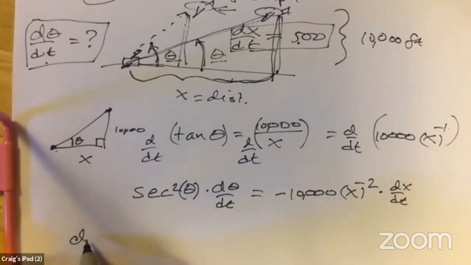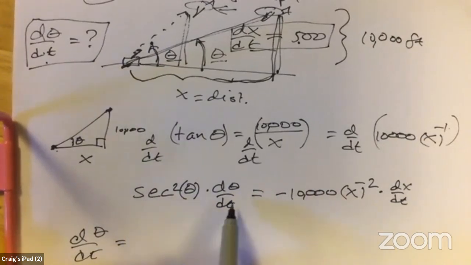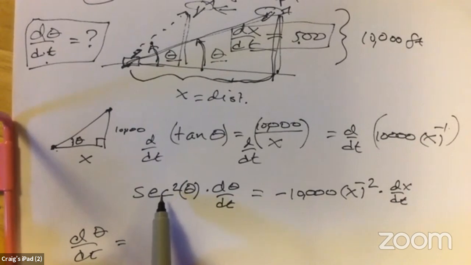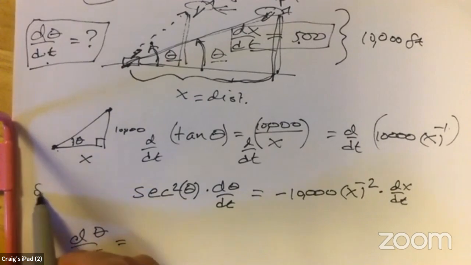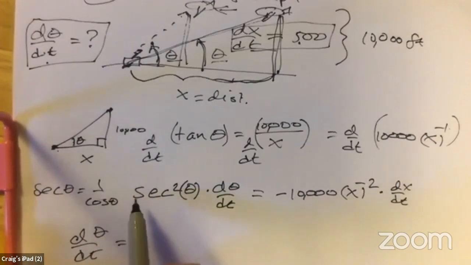I have d theta dt equals, and now I just solve for it. I divide by secant squared. Really, I should remember that secant squared is 1 divided by cosine squared. So secant of theta equals 1 divided by the cosine of theta.